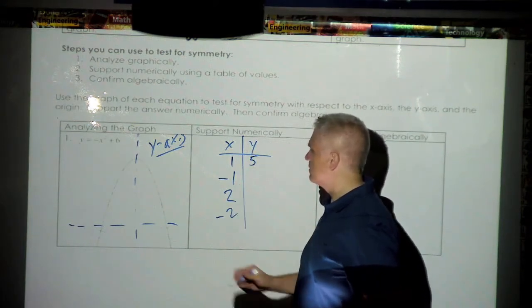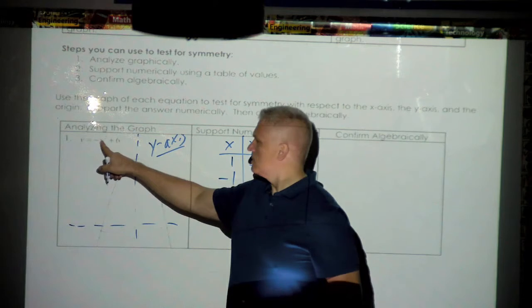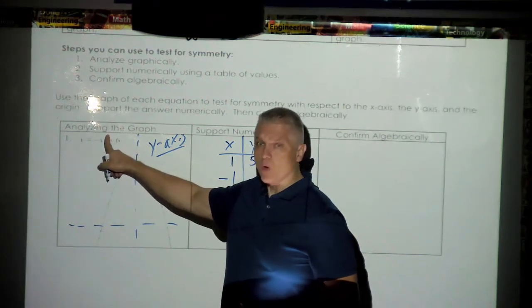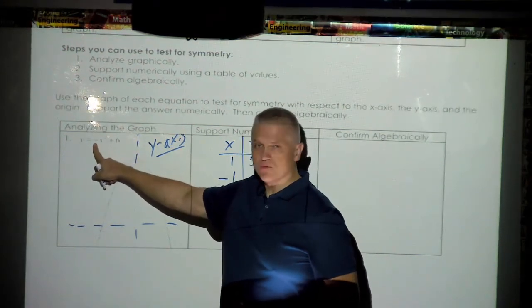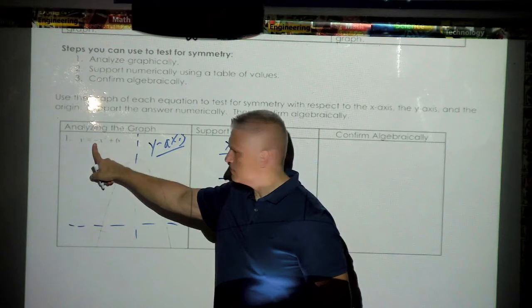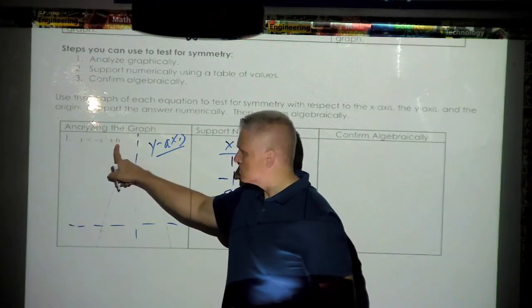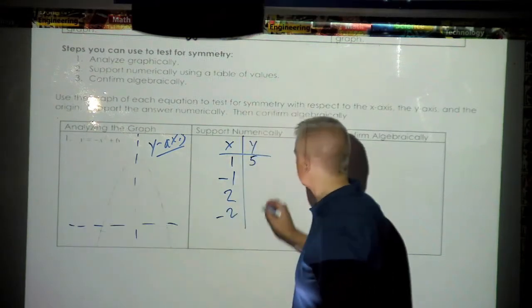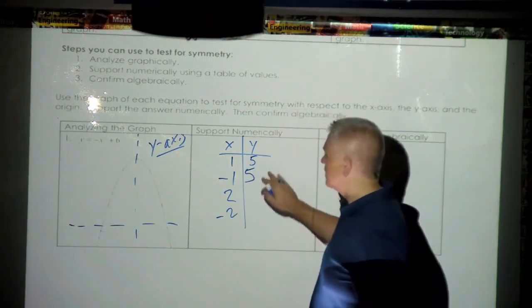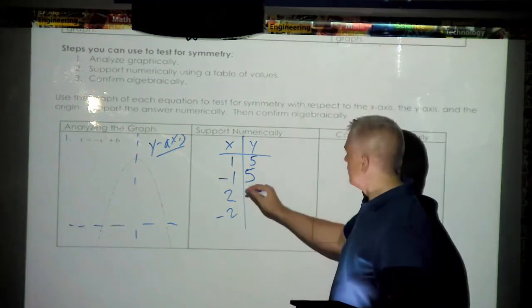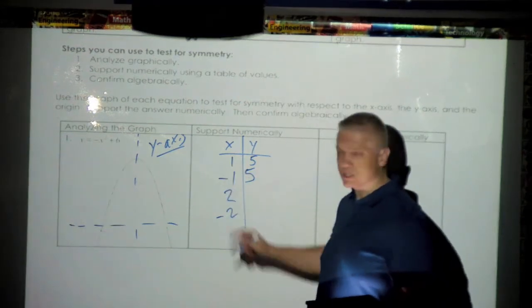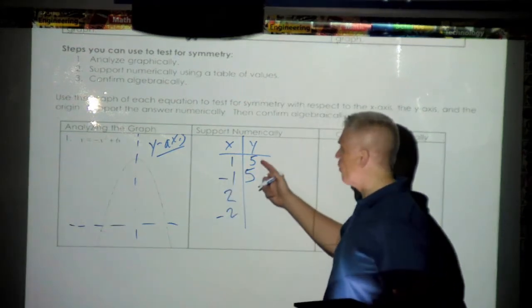Negative 1 for x. Negative 1 squared is 1, times negative 1 is negative 1, plus 6 is 5. Okay, right now, stop and look. We changed the sign of x, and you got the same y.